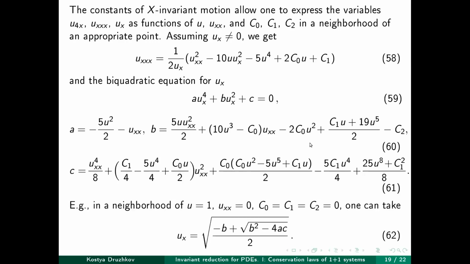For example, in the neighborhood of the point u equals 1, uxx, C0, C1, and C2 are zeros, one can take the root of equation 59 given by formula 62. There are some other options, but let's take this solution. It's a real solution.